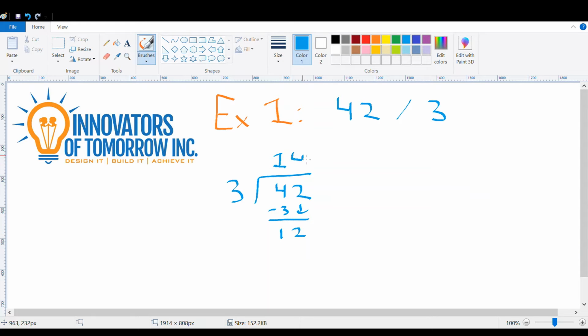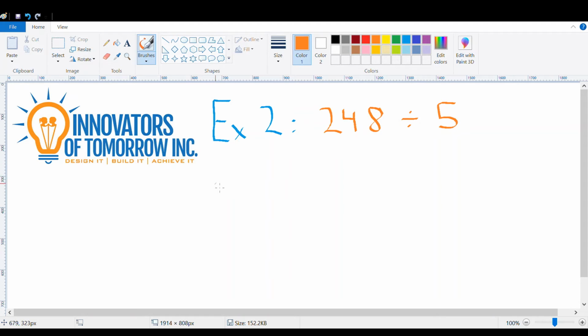So we put 4 up top, and we subtract from 12 the product of 3 and 4. 3 times 4 gives us 12, so we subtract 12 from 12. That gives us 0, and as a result, we have reached the end of the long division process, which also gives us our answer. 42 divided by 3 equals 14.